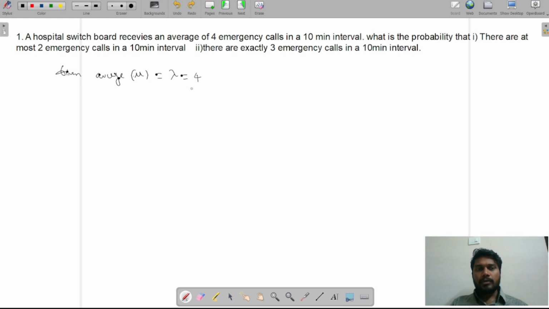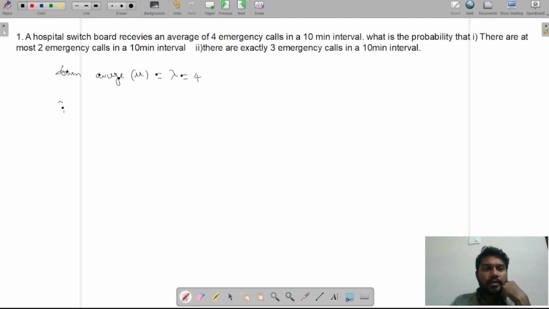So lambda equal to 4. In a 10 minute interval, what is the probability that there are at most 2 emergency calls? So what do you have to find in this question?